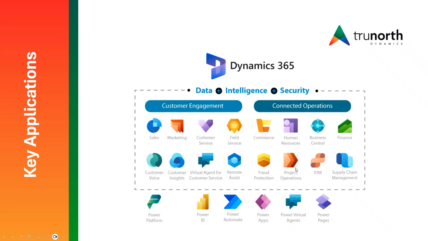We have project operations because we do projects, so we need to track time entries on those projects. All of those flow back into Business Central utilizing Open API and Power Automate. We do all of our reporting with Power BI. So all of these different pieces sit together in the same platform and are able to integrate and share data with one another. It makes a really powerful system that you get to offer to your clients.